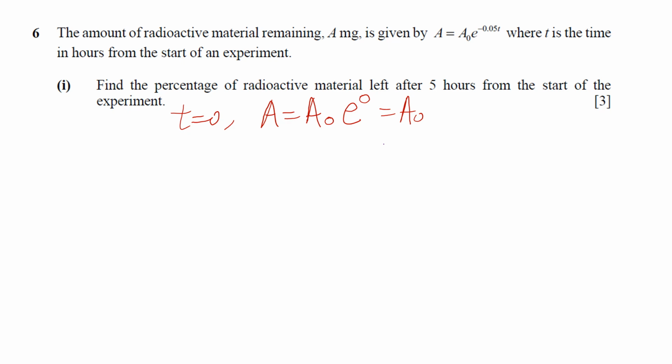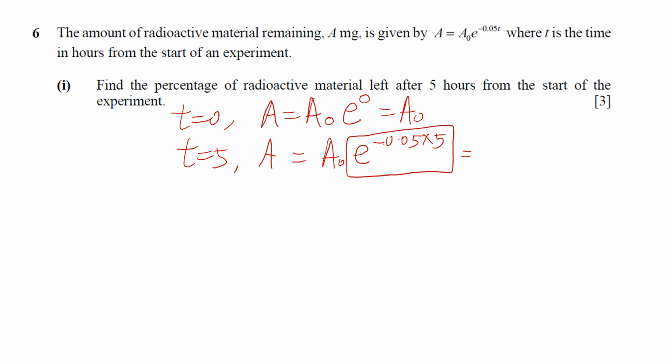Kind of makes sense. Okay, so when t is equal to 5, then A will be equal to A subscript 0 e to the power negative 0.05 times 5. So we can use a calculator to work this out, and you just leave your A subscript 0 intact.